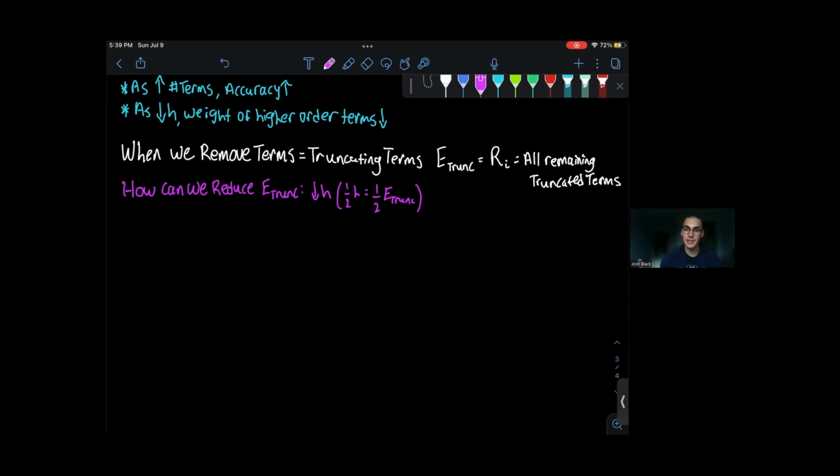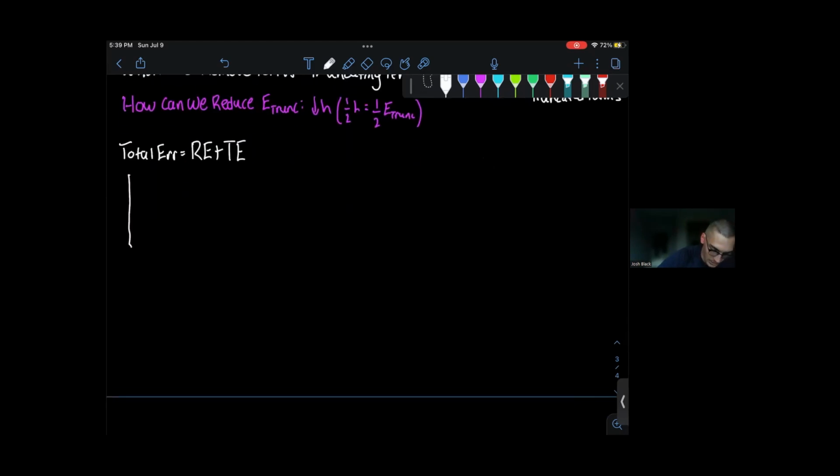And there's a direct correlation between round-off errors and truncation error, and that's our total error. It's just equal to our round-off error plus our truncation error. And the correlation that it has is between the error and the step size. So we know as we increase the step size, we're also going to increase the truncation error.